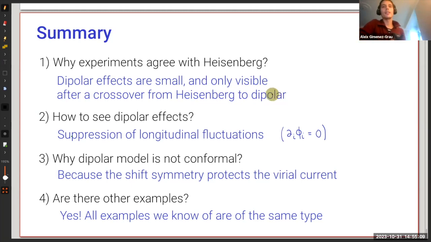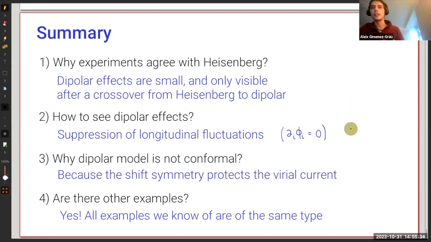Now, the second thing I was asking is, okay, I'm claiming that there are dipolar effects. So where do you see them? And I tried to argue that where you see them is in the suppression of these longitudinal fluctuations. Essentially what the dipolar effect is doing is suppressing one of the three fluctuations you have, in particular the longitudinal one.